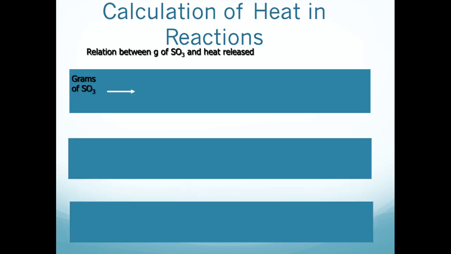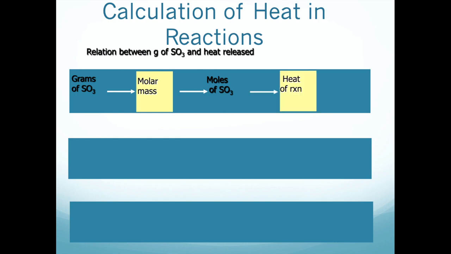So we're going to start off with grams of sulfur trioxide. Using the molar mass, 72 grams per mole, we want to convert to moles of sulfur trioxide. And then, of course, we're not done there yet, right? Because we want to take the information from our question, our delta H for this reaction, and we want to figure out how much heat is involved for this particular reaction.